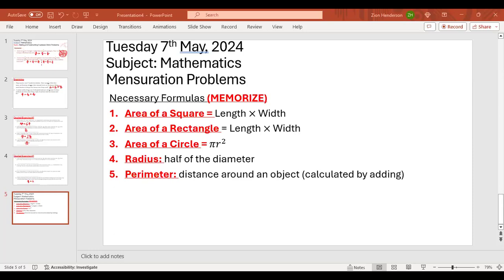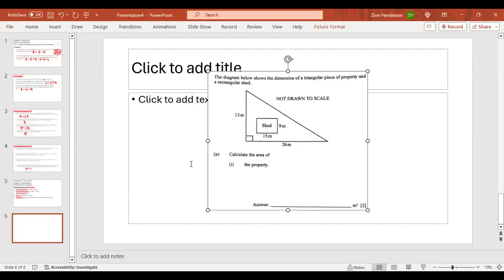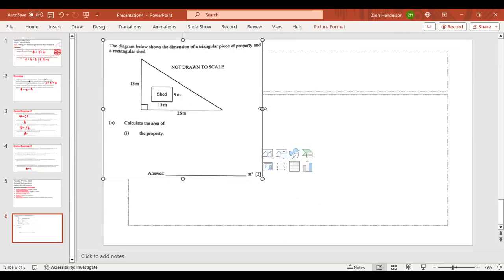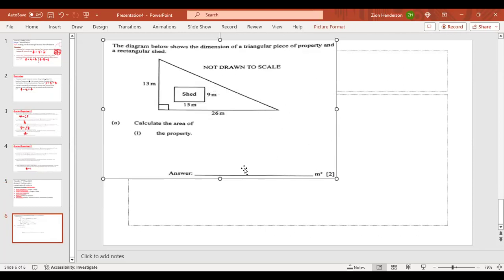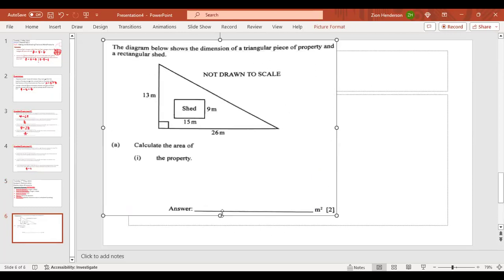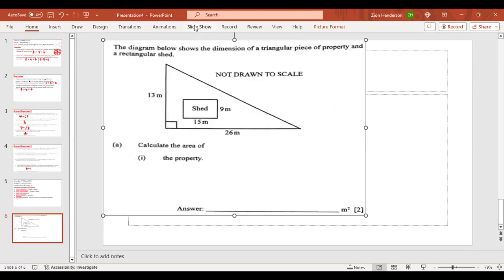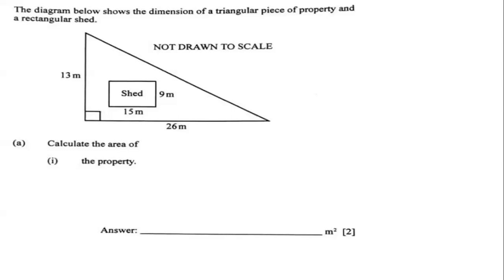All right, so let's consider this example. By the way, for this one, make sure you draw the image. Again, make sure you draw the image. So what do we have here? China, can you read the question?